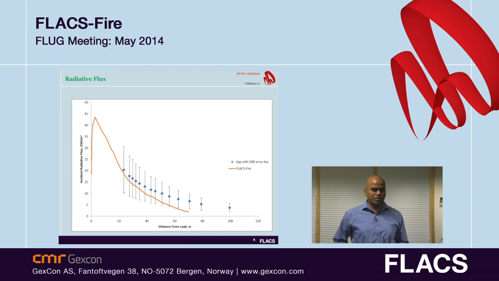My next slide shows, on the cross section, the distance from the leak and the incident radiative flux. Here the FLACS-Fire results and the experimental data are compared, both agreeing very nicely.